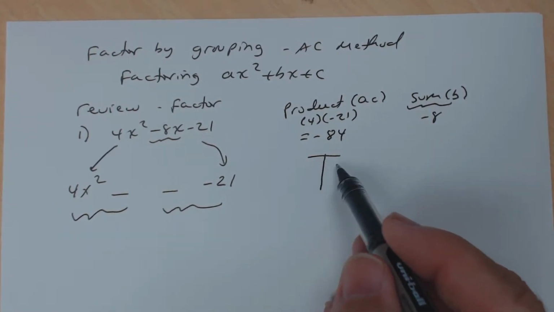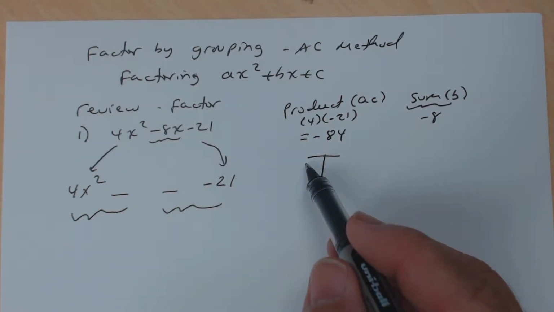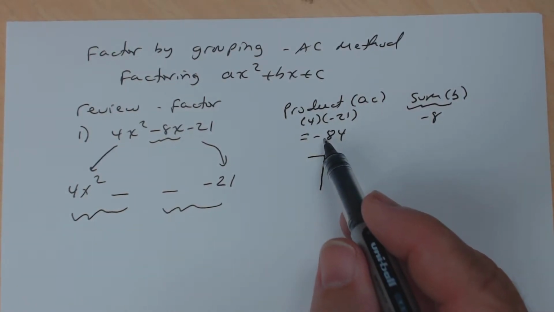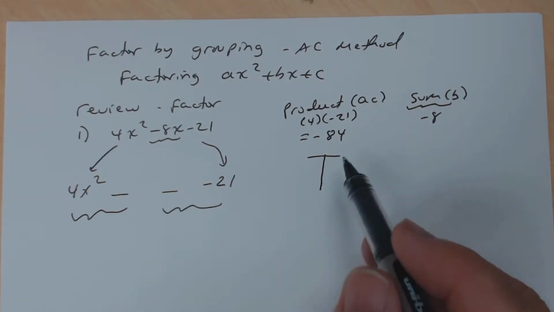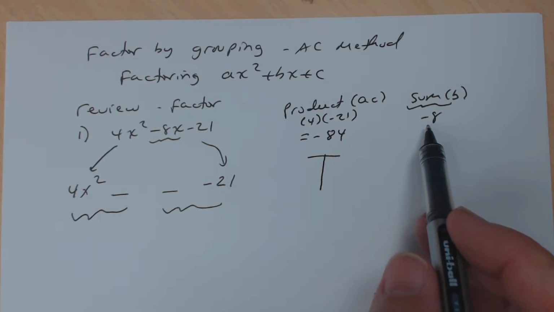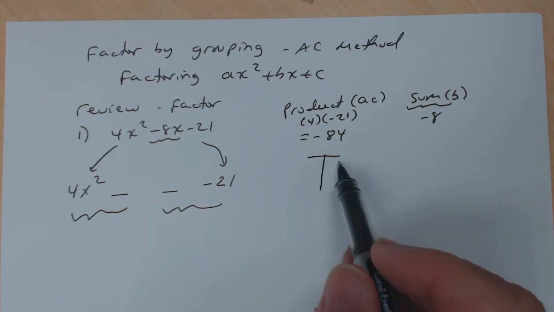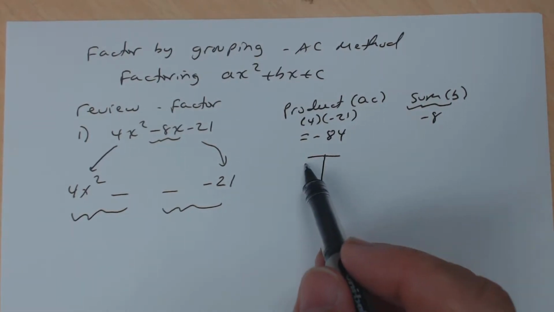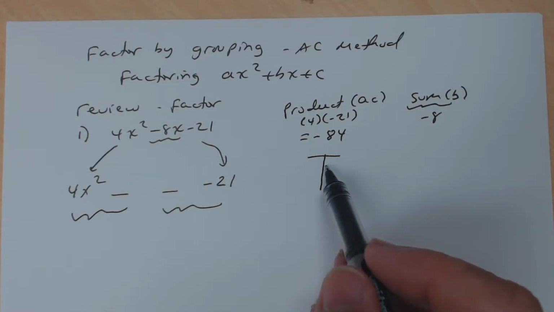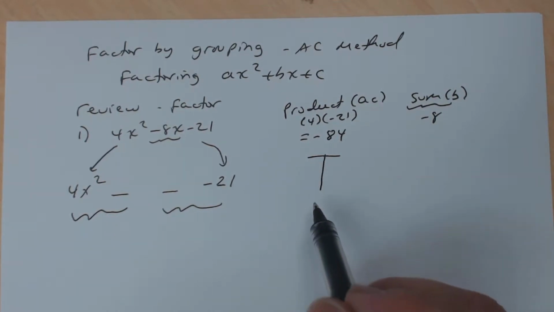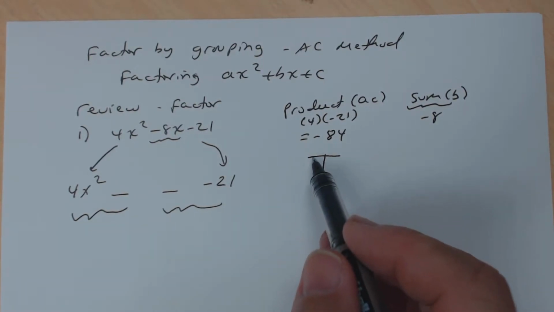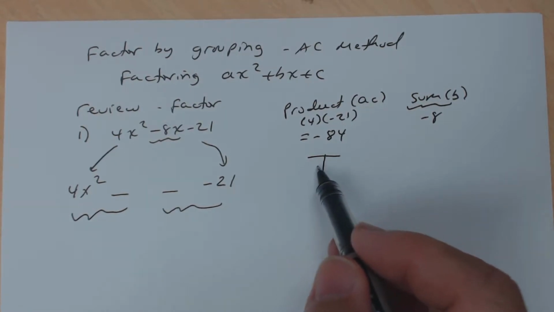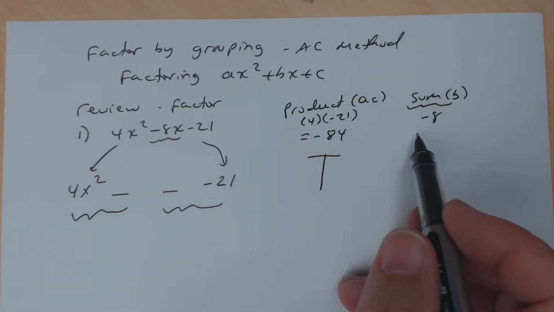Remember, I want a negative product, so one has to be positive and the other has to be negative. I also want the sum to be negative 8, so the number with the larger absolute value will be the one that's negative.